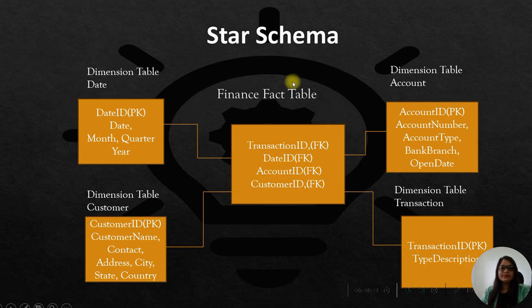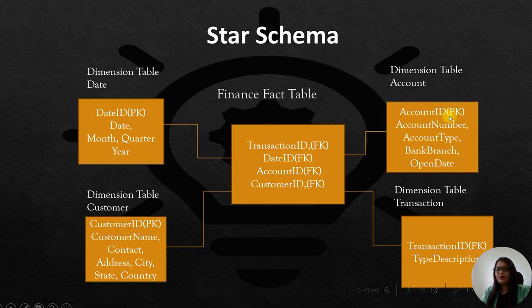You can see this is the star schema diagram I have drawn here. In the middle you can see the fact table, which we can consider a finance table, and this is nothing but the star schema. These are the dimension tables of the fact table. In the fact table there are all the foreign keys, and in the dimension tables there are all the primary keys. The fact table uses the key of the dimension table, so we call it a foreign key.